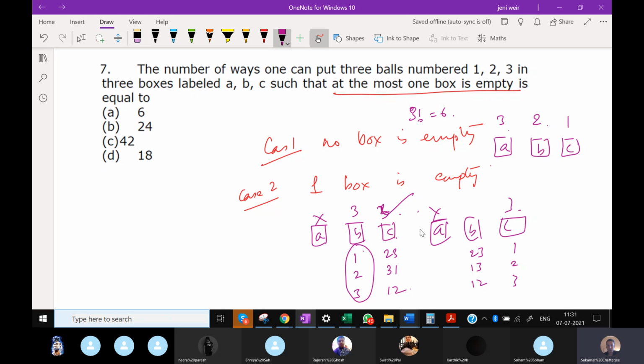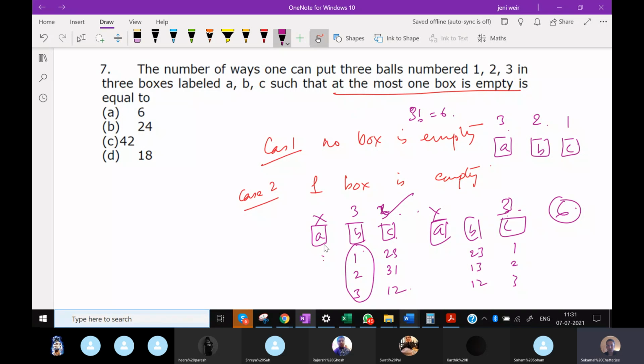So that means I can have three combinations here, right? So for any one box being empty, I can have 6 combinations.